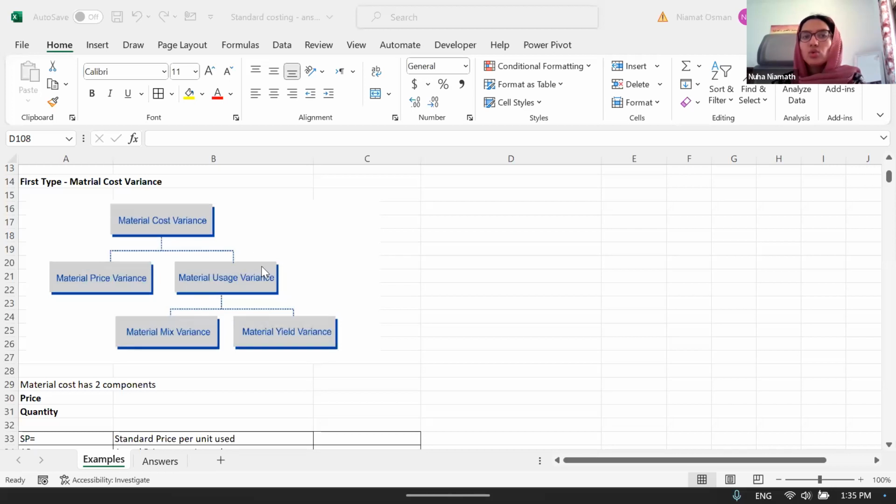So let's move into usage variance now. Can somebody tell me what is usage variance? SQ minus AQ. What is SQ minus AQ, Sana? Why are we doing that?